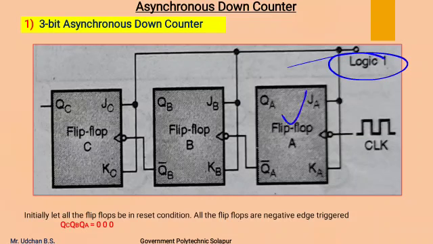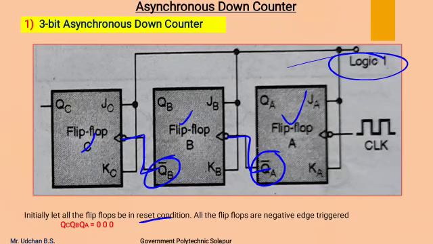The first flip-flop receives the external clock pulse, whereas the next flip-flops in this counter receive the complementary output from the previous flip-flop as a clock input. Each flip-flop is a negative edge triggered flip-flop. Initially we consider all the outputs of the flip-flops are in reset condition.